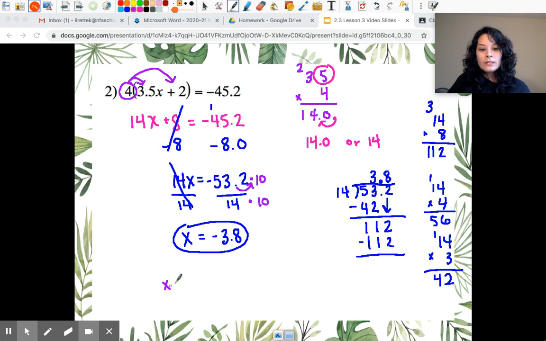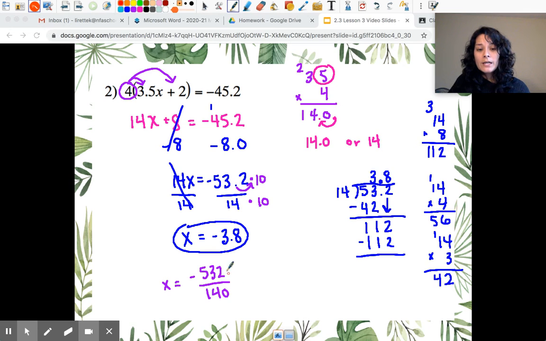This would have given me x is equal to negative 532 over 140. And then I could have just reduced this. Okay, it might not be super easy to reduce a fraction with these large of numbers, but this is a strategy that you can use if the numbers are actually small enough. You can just leave your answer as a reduced fraction if you want to. You don't have to make it a decimal.